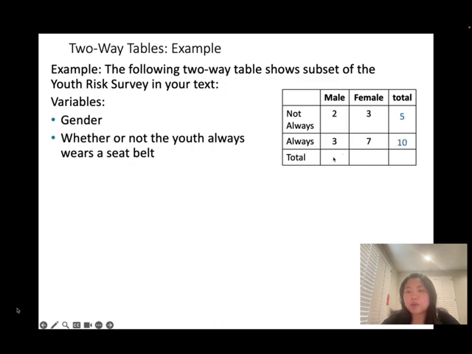How many males in the survey? We have 5. How many females in the survey? We have 10. You can add up here, the total number will be 15. It should match the number when you add up the rows and the columns. And we call this 15 the grand total.